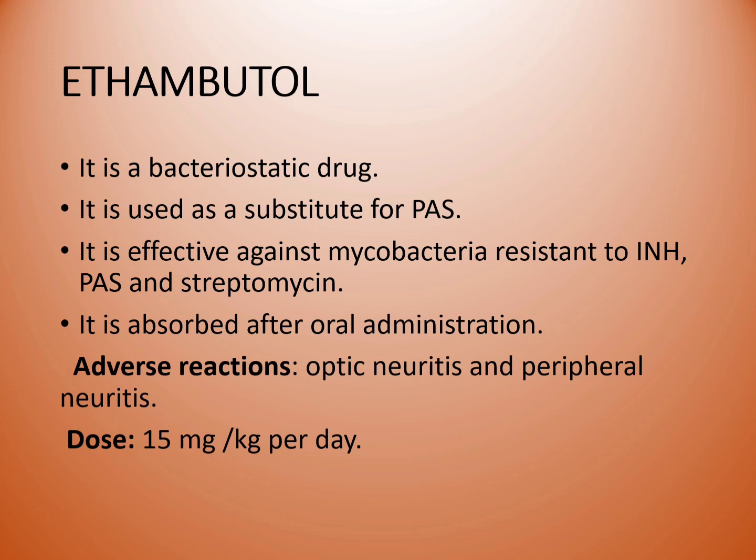It is effective against Mycobacteria resistant to isonicotinic acid hydrazide, para-aminosalicylic acid and streptomycin. It is absorbed after oral administration. The adverse reactions are optic neuritis and peripheral neuritis. Dosage 15 mg per kg per day.